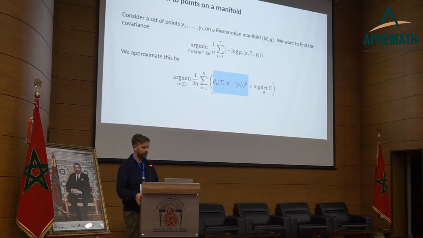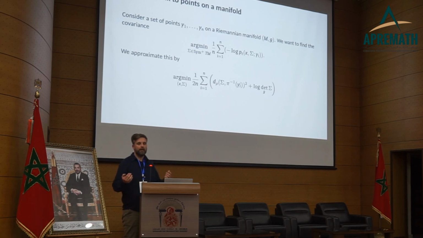So we have one term depending on the distance, and then we have this log determinant of sigma. The reason for that is that if we just consider this distance, then as I said before, it's cheaper to travel along directions where the sigma has large eigenvalues.